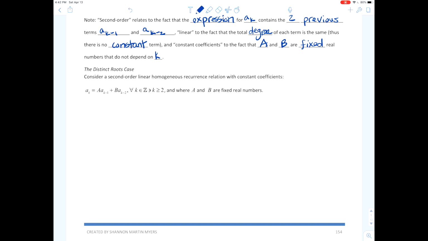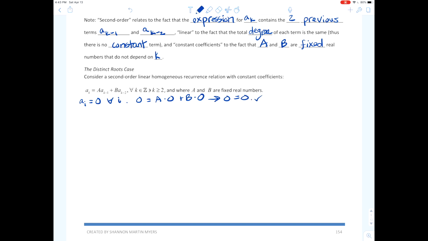So let's think about this. What if you had a sequence made up of all zeros? What if a sub i were equal to 0 for all i? Well, then you'd just have 0 equals a times 0 plus b times 0, right? And isn't it true that 0 equals 0?